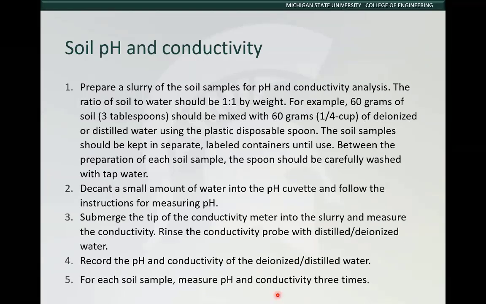So what you're going to do is prepare a slurry of the soil samples for your conductivity and pH analysis. The ratio of the soil to water should be 1:1, and that's actually by weight. So for instance, 60 grams of soil is about 3 tablespoons of soil. Mix that with 60 grams, so about 1/4 cup, of deionized or distilled water, and this is why you want the deionized distilled water.